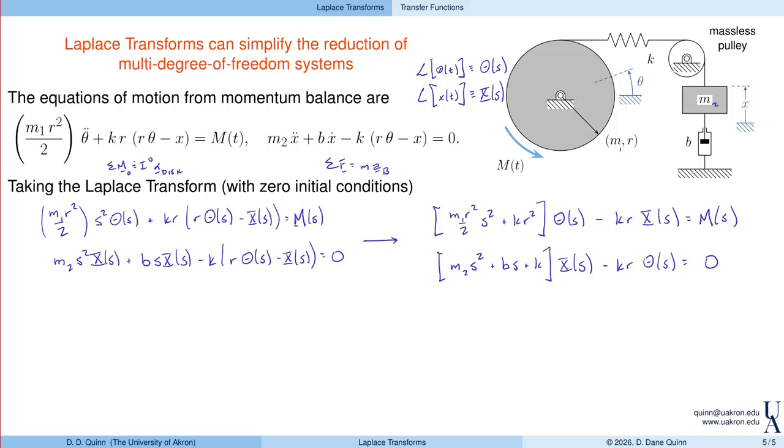So again, these two differential equations become algebraic equations. If I'm interested in the response of the block given the input moment to the disk, then I just need to take these two algebraic equations and solve for x, and in particular x in terms of M. When I do that, I end up with something that looks like X of s is equal to a transfer function times M of s.